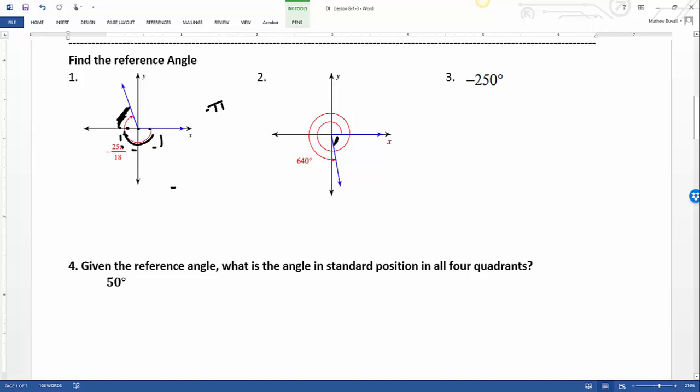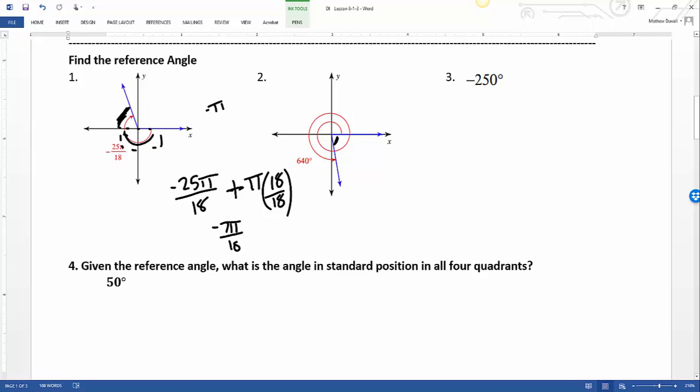So negative 225 pi over 18 minus negative pi. Well, negative is a positive. I have to find the common denominator. So that's going to be negative 7 pi over 18.